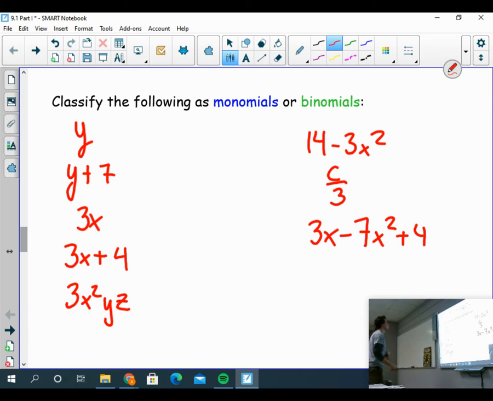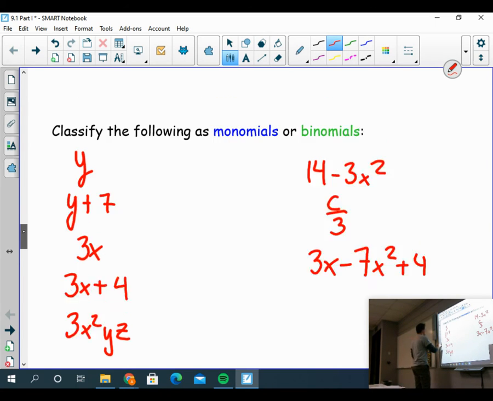First things first, the question that's probably rattling around in your mind is, well, I know a monomial only has one term, and I know a binomial has two terms, but how do we tell the difference as to whether something is a term or not?